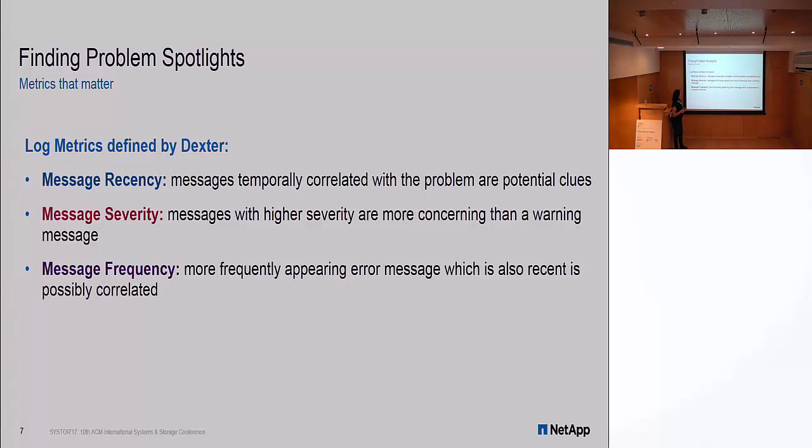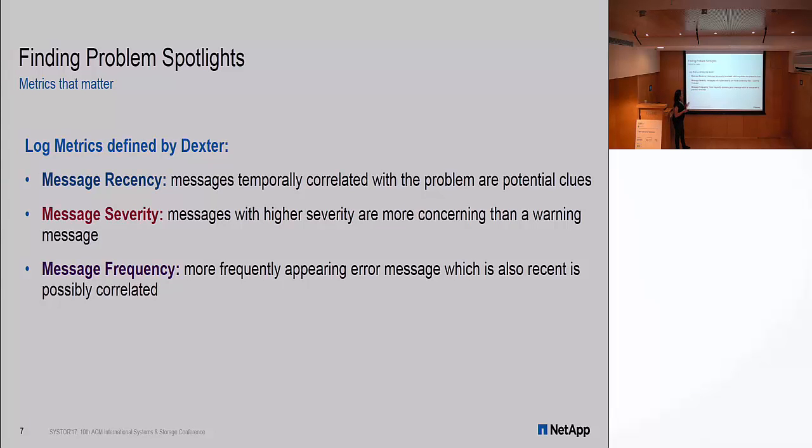And the third thing is message frequency. This has more to do with how often the message has been showing up, the log message or the error message, whatever has been showing up in your logs. The idea is that if the customer has been using a particular feature and is not able to get it to work, those messages must be coming more frequently for that period of time than they might have appeared during any other part of the time, or may have not appeared at all.